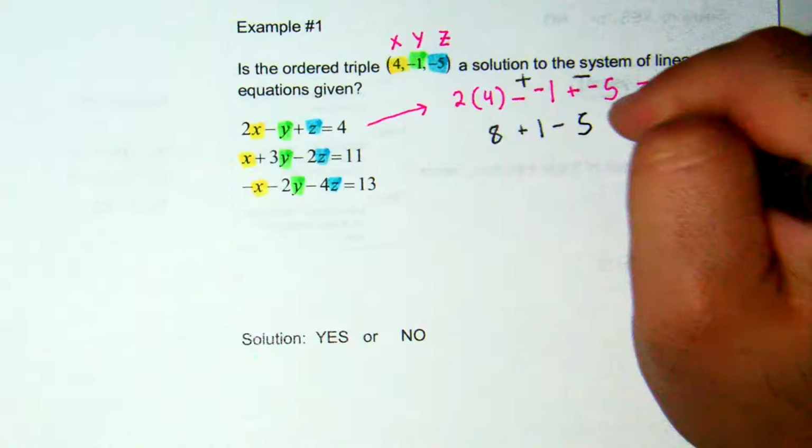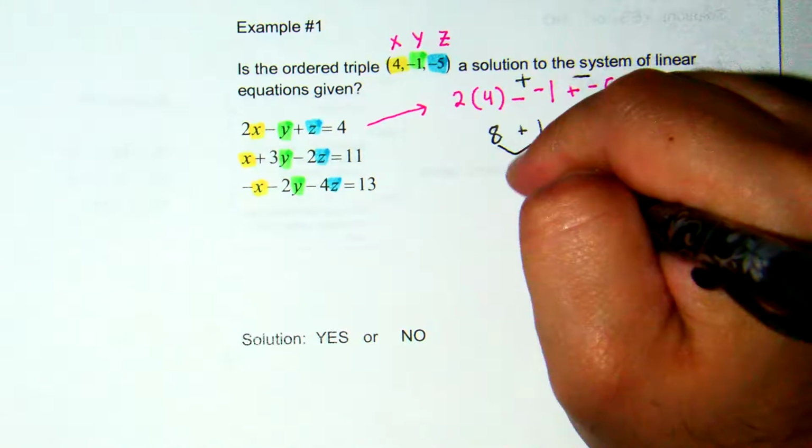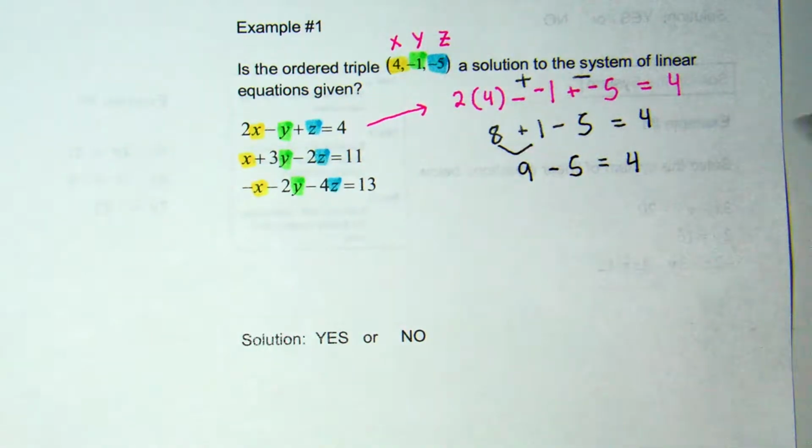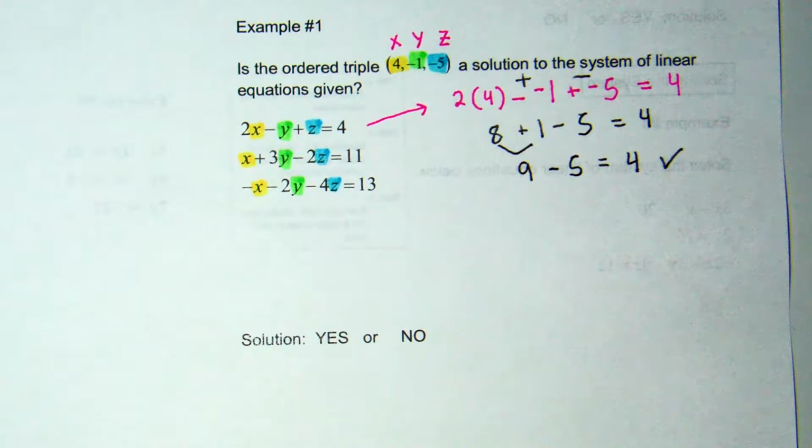Does this equal 4? 8 plus 1 is 9, minus 5 definitely equals 4. So we can stop here because we can see it, and we'll put a little check. One equation works. What does that mean? We have to keep going. We have to check the others.